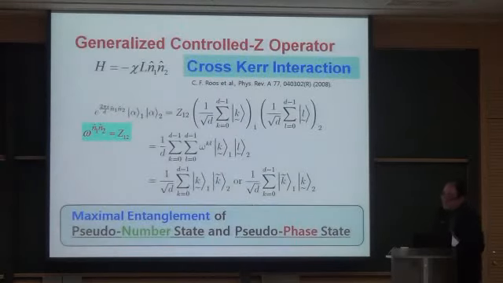Then, the physically most important part is this one: whether I can realize this control Z operator. Actually, manipulating a single qubit or single qudit is the easy part.